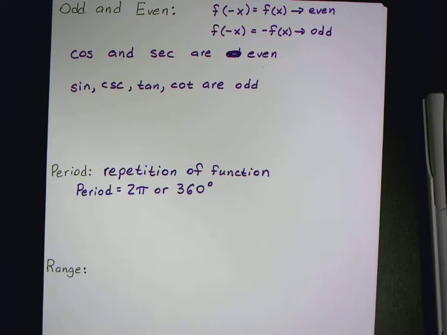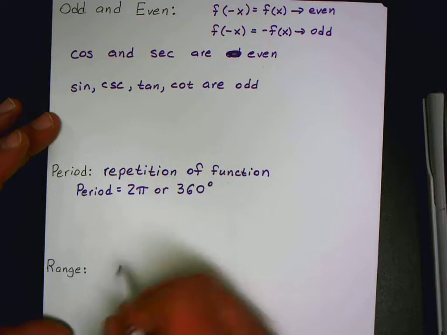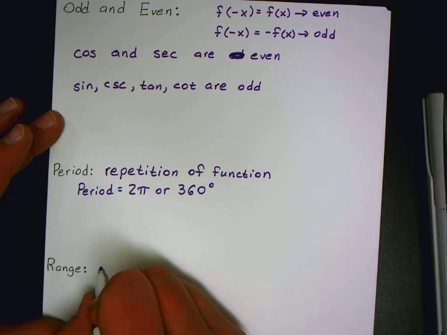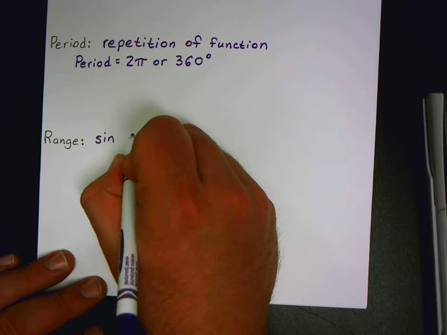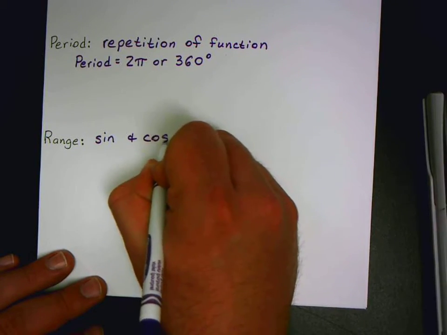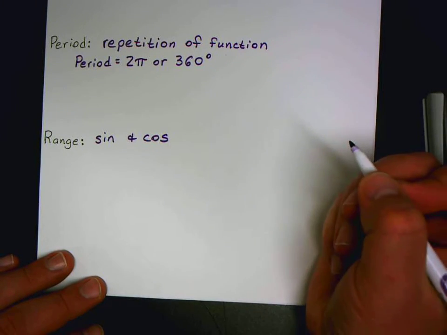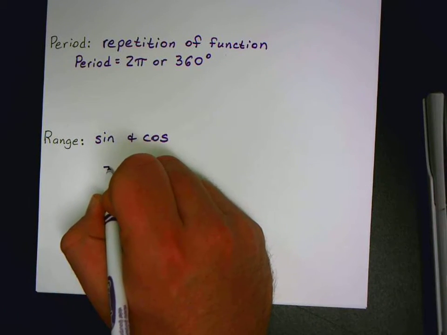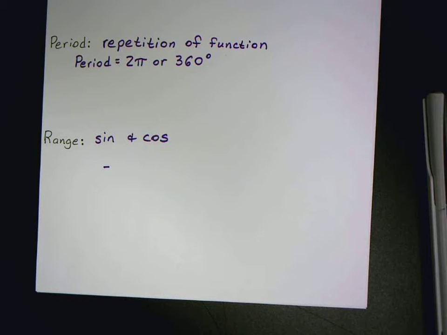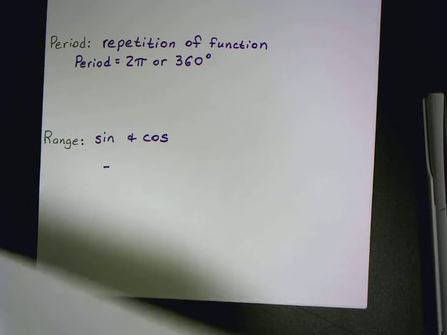Okay, range. Range is mainly important with sine and cosine. Notice whenever sine and cosine are both defined as the y and the x value, right?